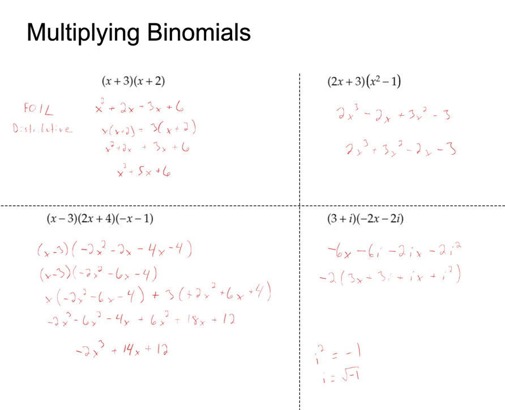However, in other questions, they might not give it to you at all. So it's very important that you at least know that i squared is equal to negative 1. Okay, so let's put a negative 1 in for i squared. So that's going to give us negative 2 times 3x plus 3i plus ix, and then plus i squared, so plus negative 1 minus 1.